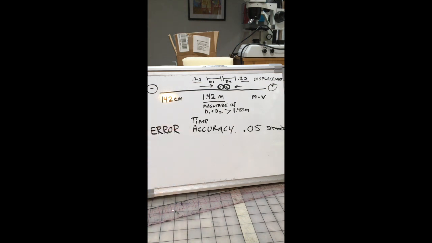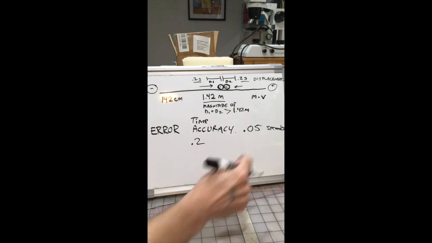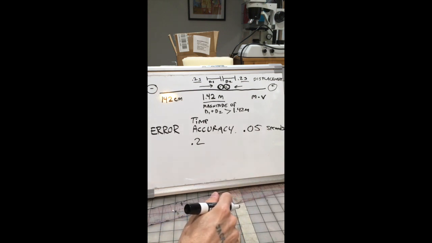So how much of 0.2 seconds is 0.05 seconds?